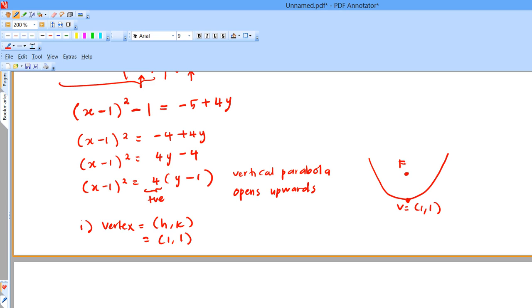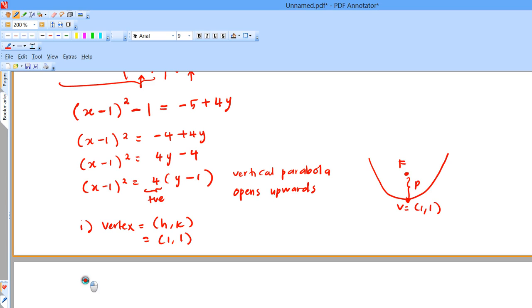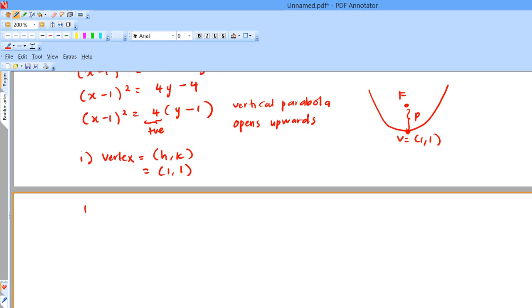For the focus, you need to find the value of p first. So number 2, we can find the focal length.